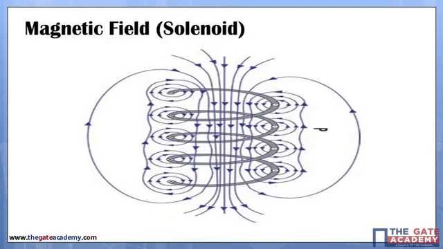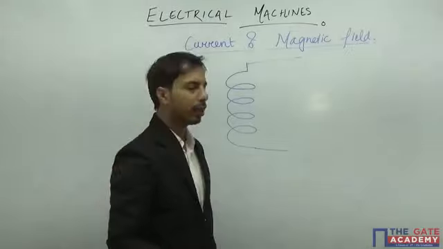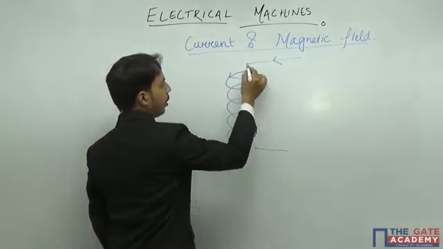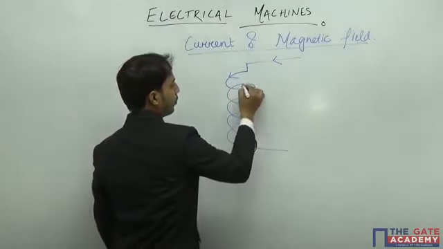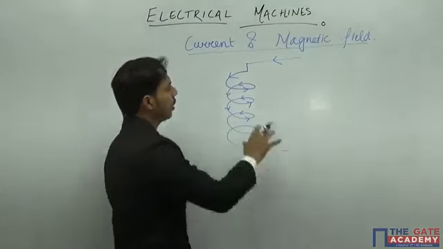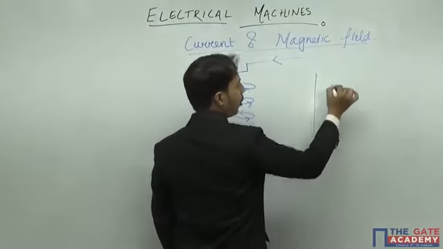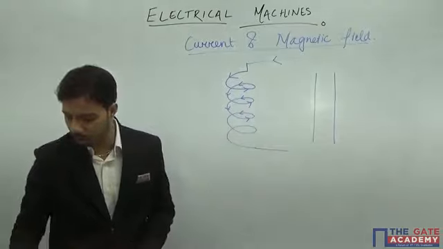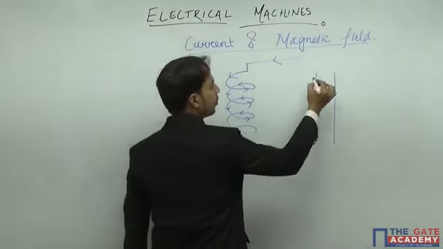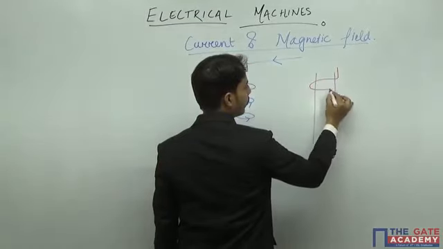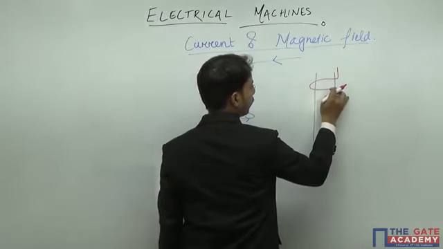Let's take this example, and current is flowing through it in this direction. You see what is happening: this particular coil will be wound in this direction.